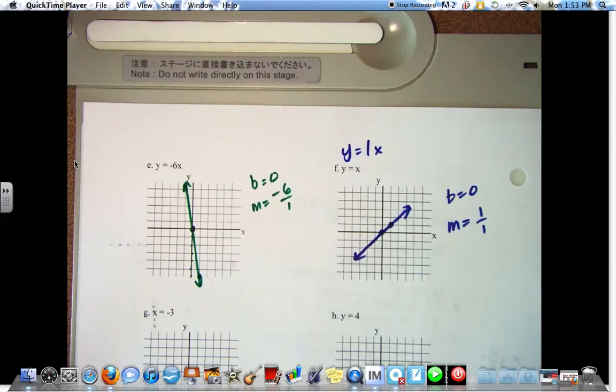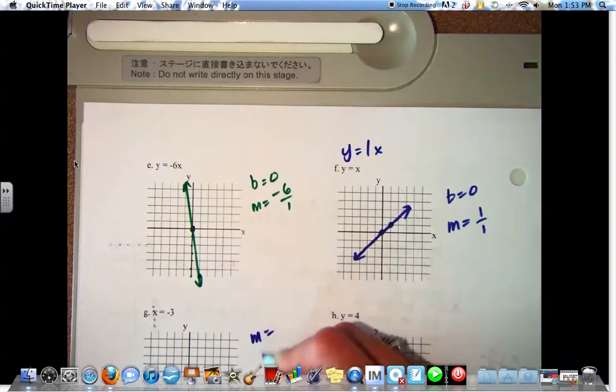It's not horizontal, it's vertical. So what kind of slope does it have? It has no slope.